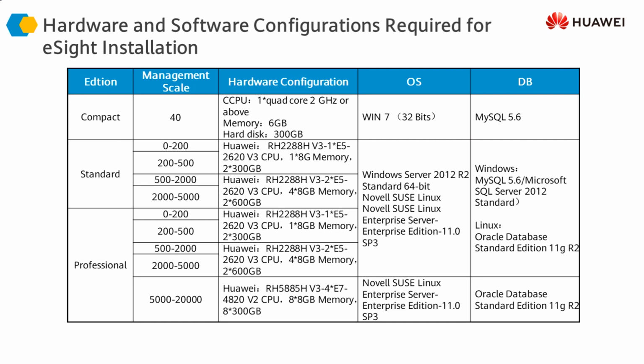There are different database options that we can use, for example MySQL, Microsoft SQL Server, and Oracle database, along with a combination of either Windows or SUSE Linux. So depending upon what edition we want to use, we can select the appropriate hardware, the appropriate operating system, and the appropriate database.